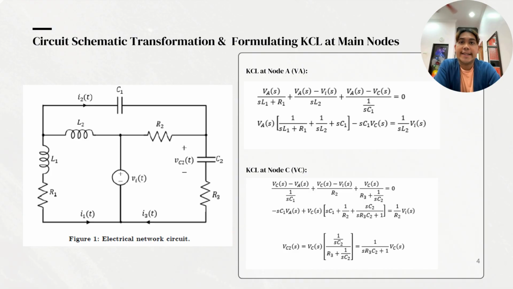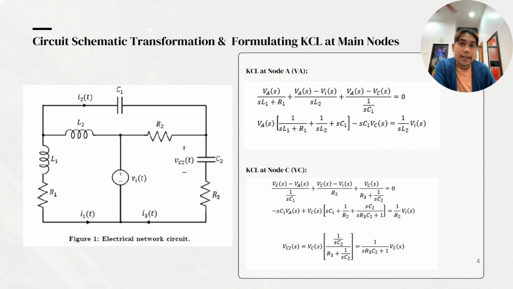Let's look at the KCL at node A, which is located at the left junction of the circuit. According to Kirchhoff's current law, the sum of all currents leaving the node must equal 0. So the equation is VA over L1 plus R1, plus VA minus VI over L2, plus VA minus VC plus 1 over C1, equal to 0.